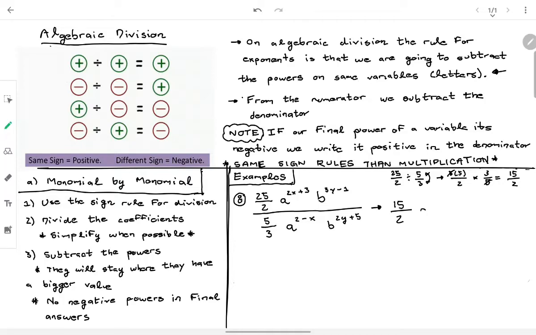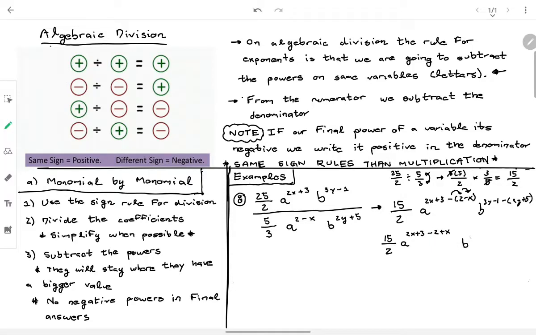Then we will have a to the 2x plus 3 minus 2 minus x, and we are going to have b to the 3y minus 1 minus 2y plus 5. So in this case, it's going to be 15 halves of a to the 2x plus 3. Remember, the minus sign will change the sign of two of them, so it's going to be minus 2 plus x.